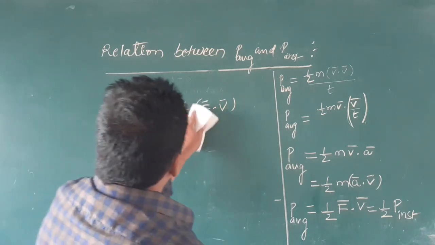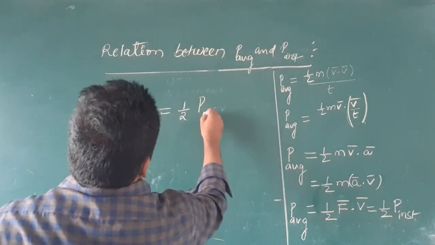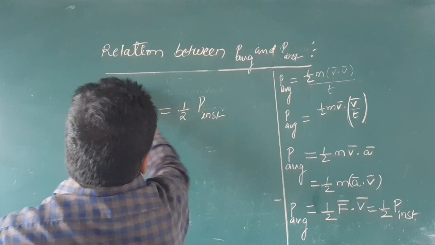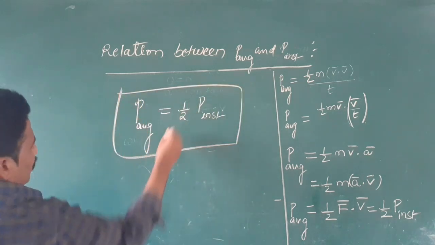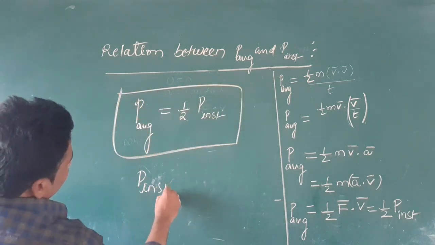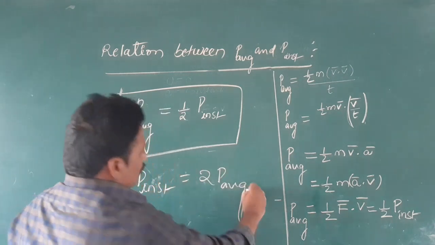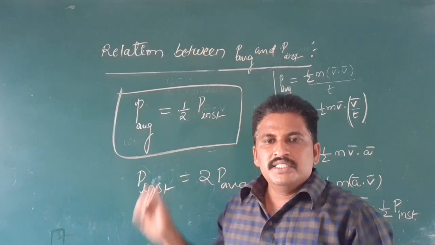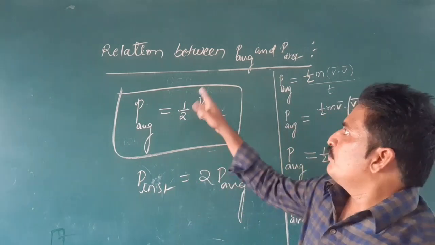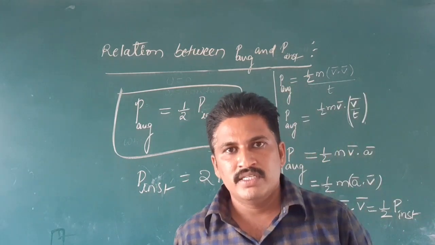From this we can write instantaneous power: P instantaneous is equal to 2 into P average. This is the relation between the instantaneous power and the average power, students.